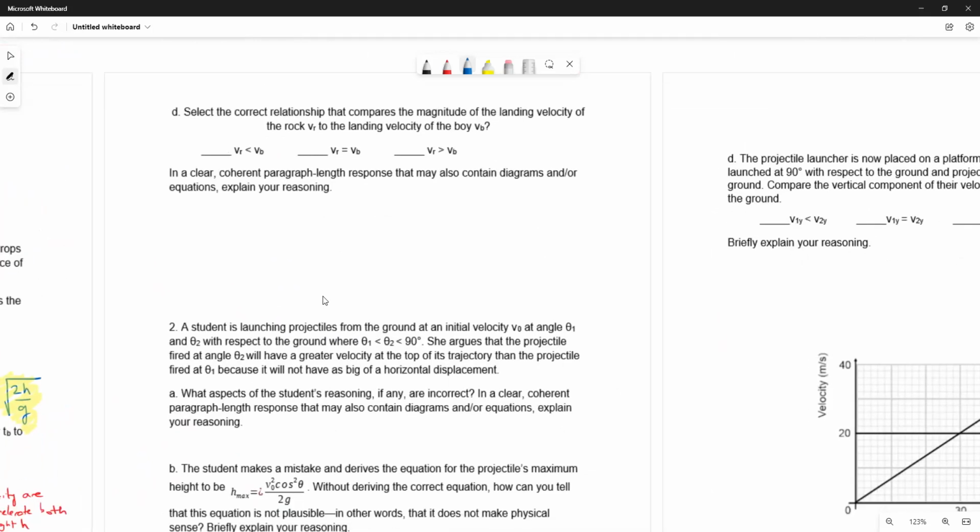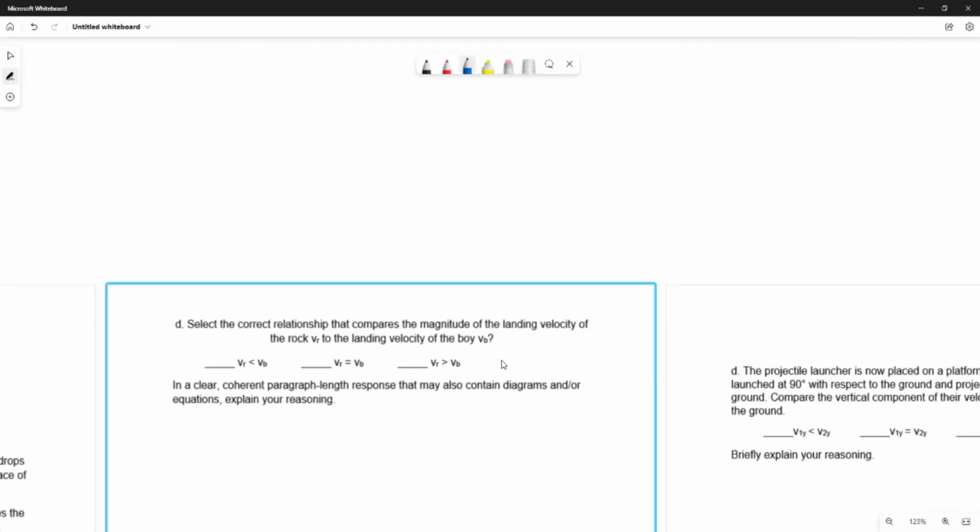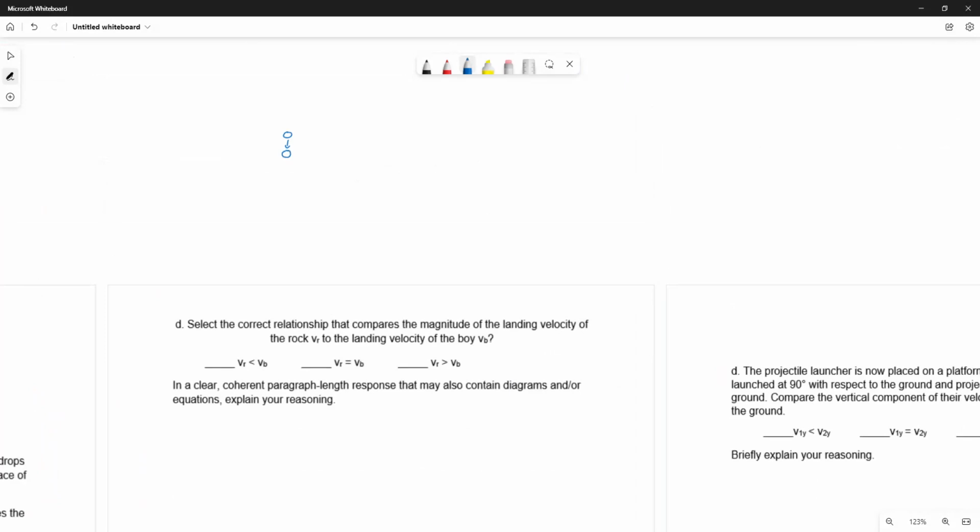All right, for D, select the correct relationship comparing the magnitude of the landing velocity of the rock to the landing velocity of the boy. So what's happening is that when the rock falls, right, it continuously speeds up. And eventually, when it hits the water, it's going to have its highest velocity. Okay.